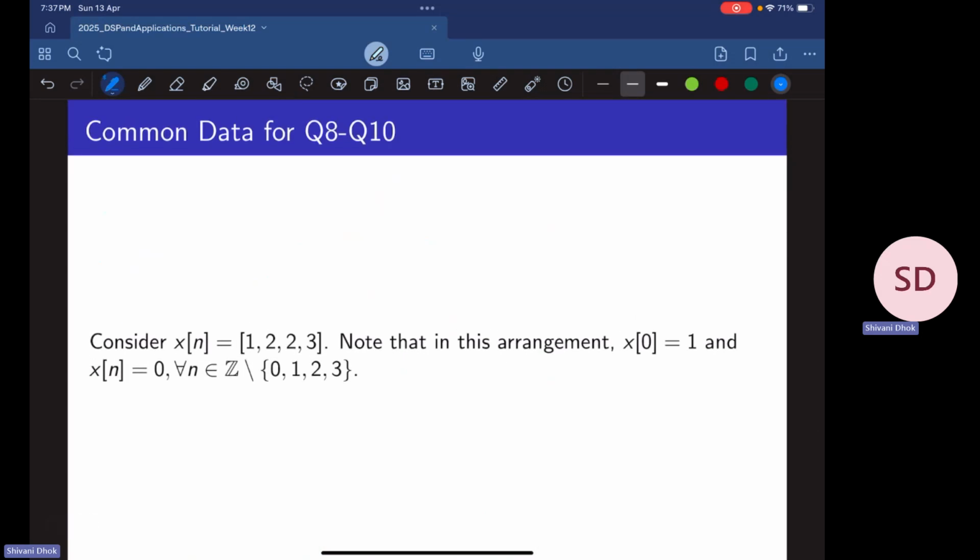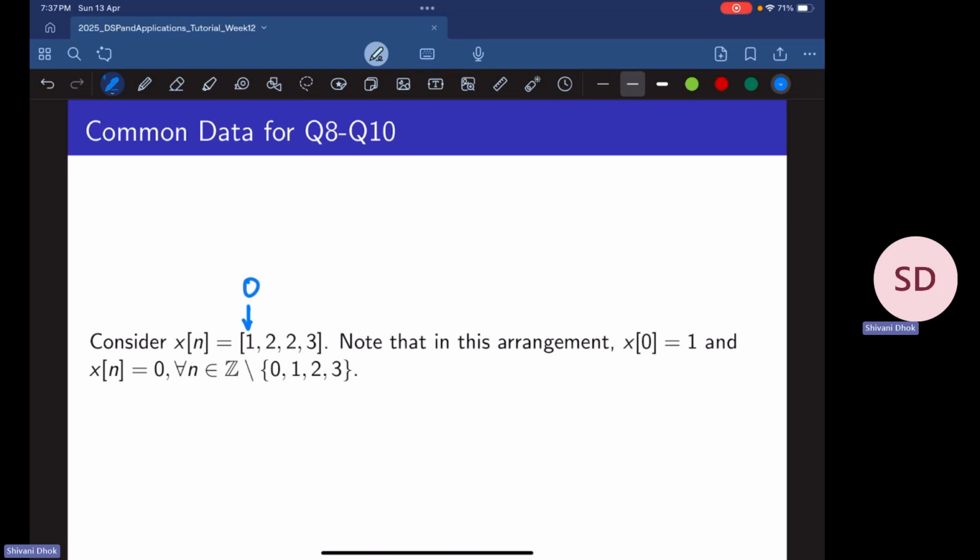Okay. So this is common data for questions number 8 to 10. And it says, consider a signal x of n given by this sequence, and note that x of 0 is 1.